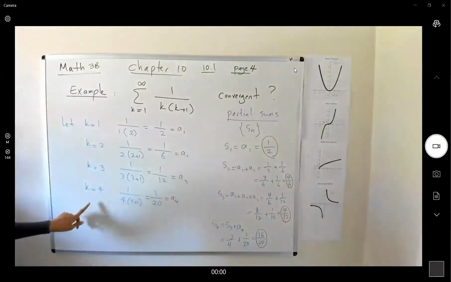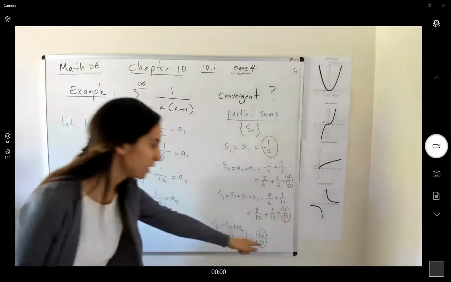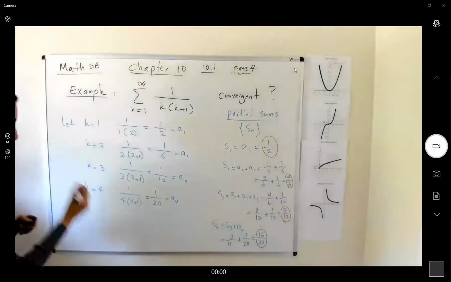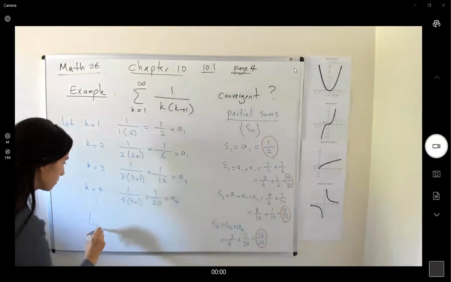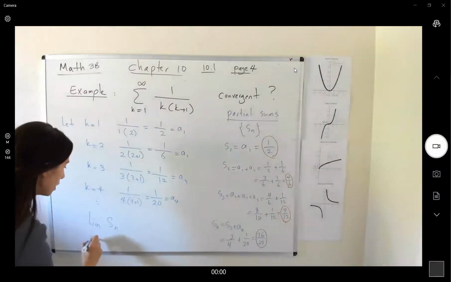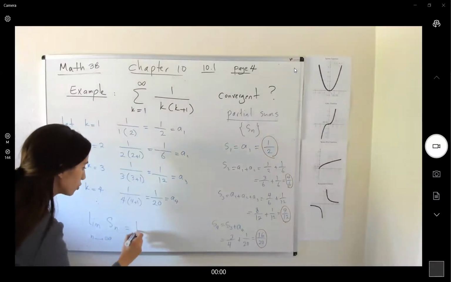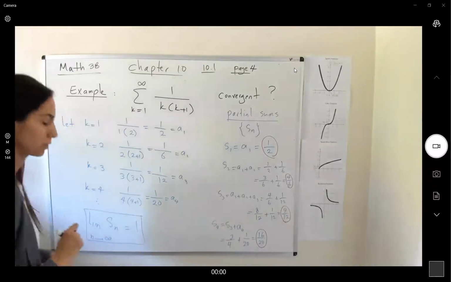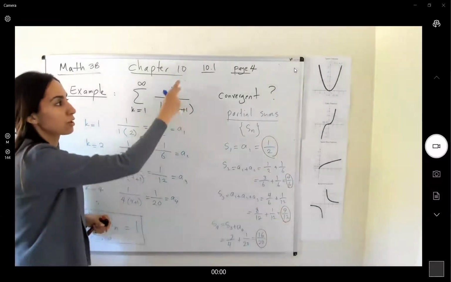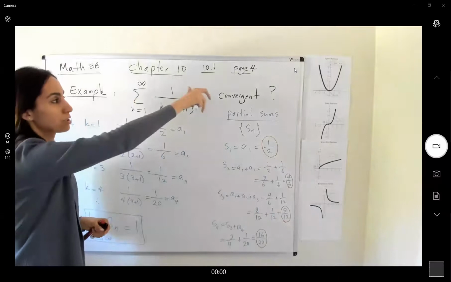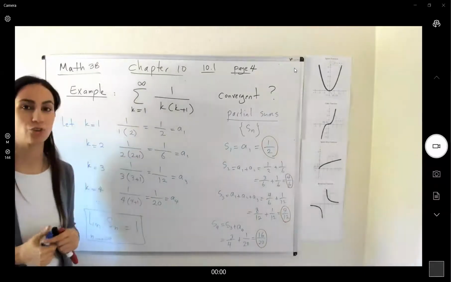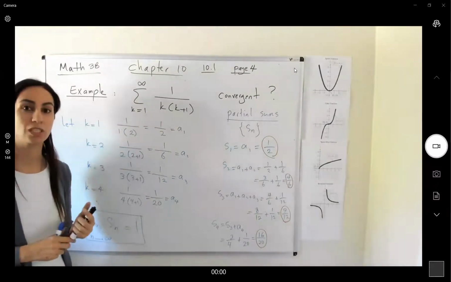Continue finding the rest of these terms and add them to 16 over 20 and so on. The limit of the partial sum S n while n goes to infinity is going to be equal to, again, later on we're going to use techniques to write this fraction as the difference of two other fractions, and we're going to discuss the techniques to actually find the limit directly using the formula.